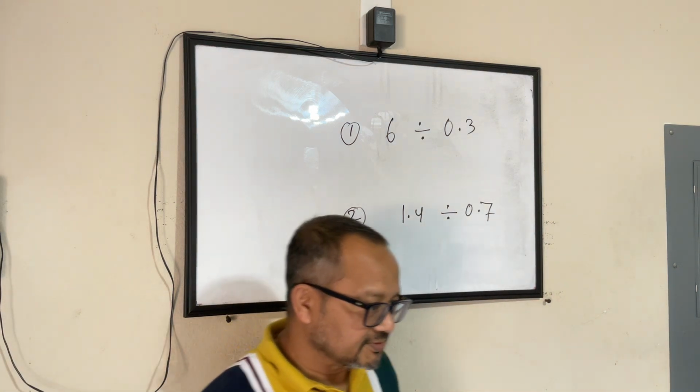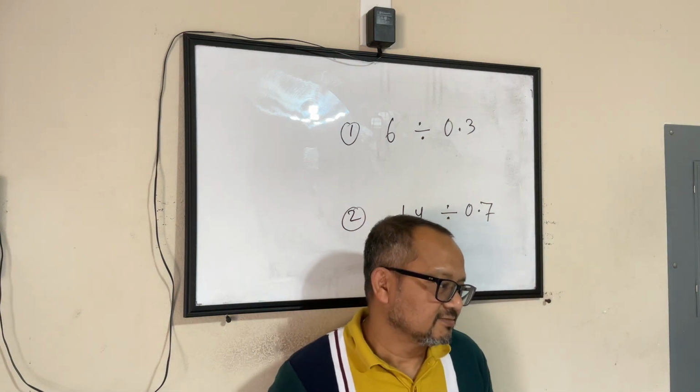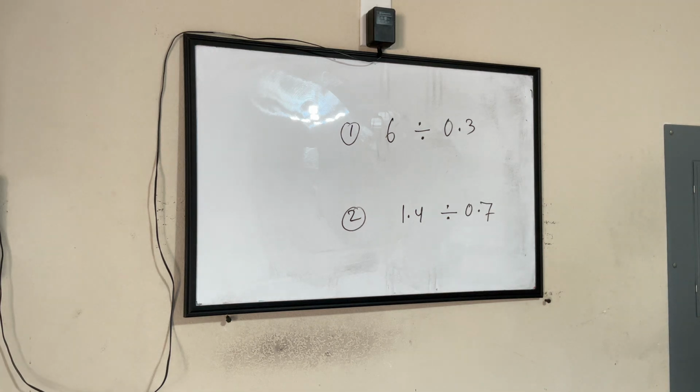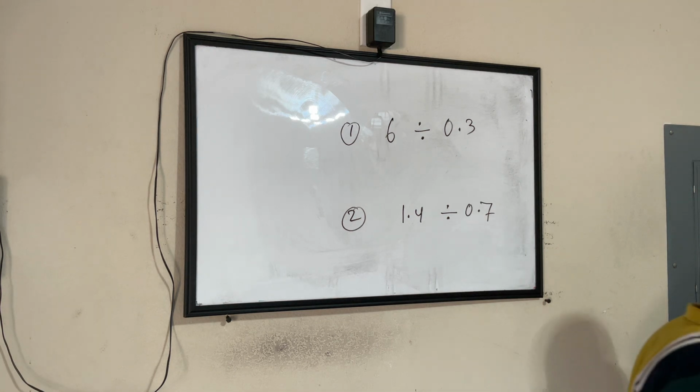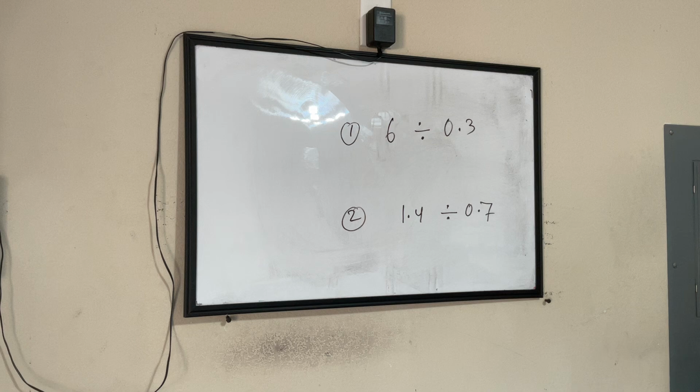Rudraksh, where are you? How much did you get? I got 2 on this one and 8 on the other. No, the question is 6 divided by 0.3. How much is that? 2.